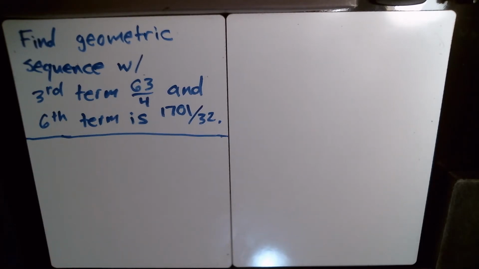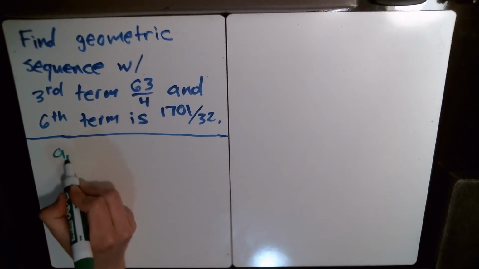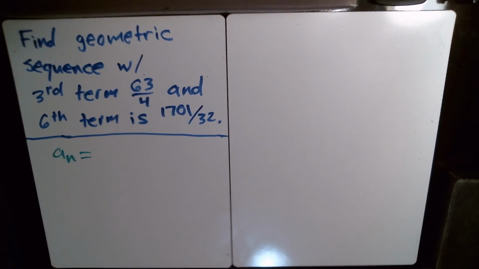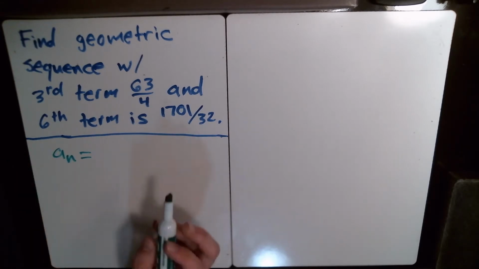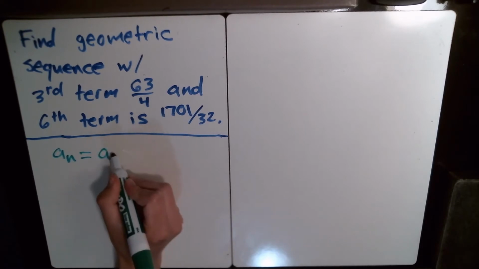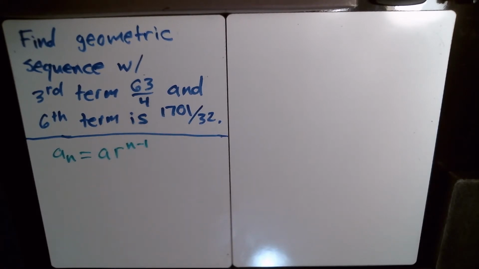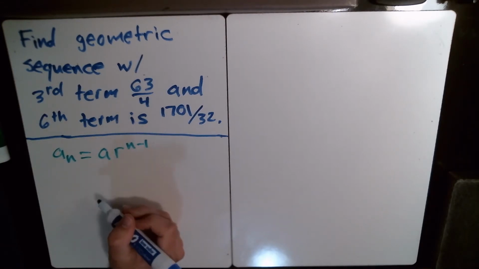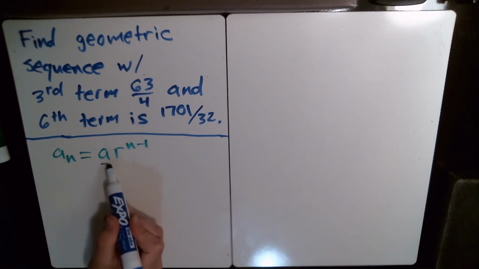So A sub n, remember, with our geometric sequences, is A times r to the n minus 1. That will be the form of our equation, and then we just have to figure out what A and r are.